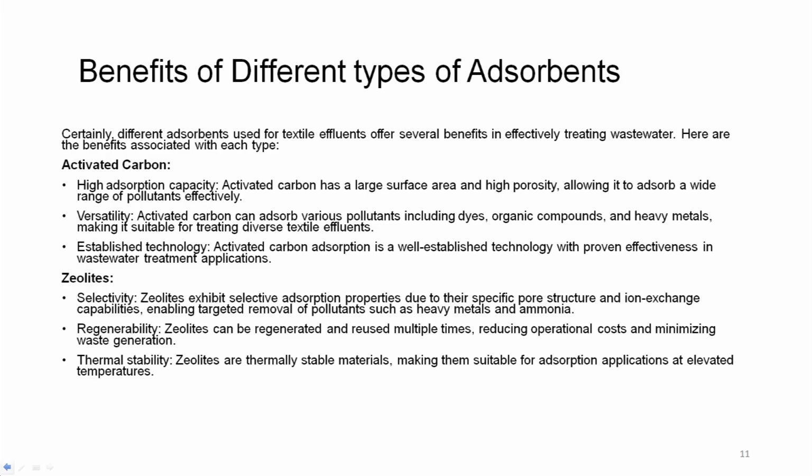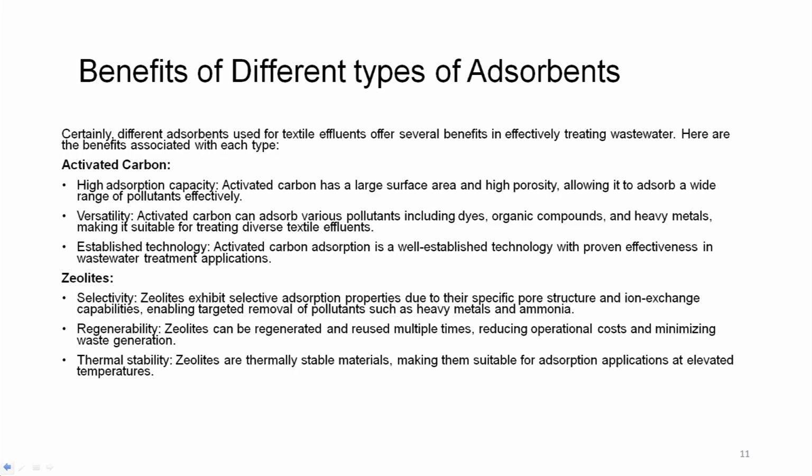Here are the benefits associated with each one of them. Activated carbon: high adsorption capacity. Activated carbon has a large surface area and high porosity, allowing it to adsorb a wide range of pollutants effectively. Versatility.